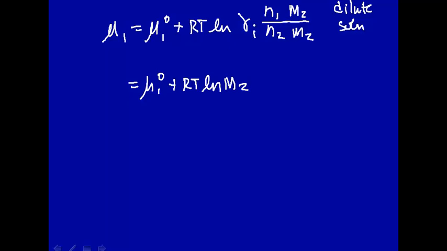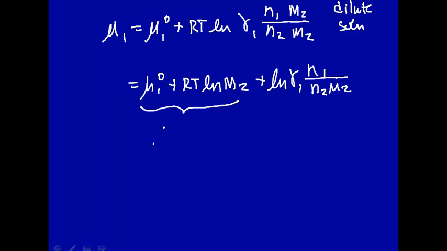Remember, the log of a product is the sum of the logs of the individual things, so we can pull out M2 as an additive term, plus the natural log of gamma 1 times N1 over N2 M2. What we have here we'll define as a new standard state, mu 1 zero prime. And this then would be the molality, lowercase m, of the solute.